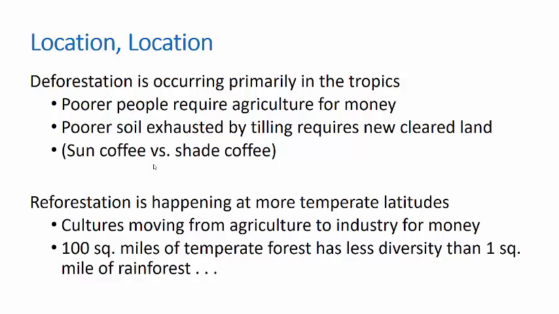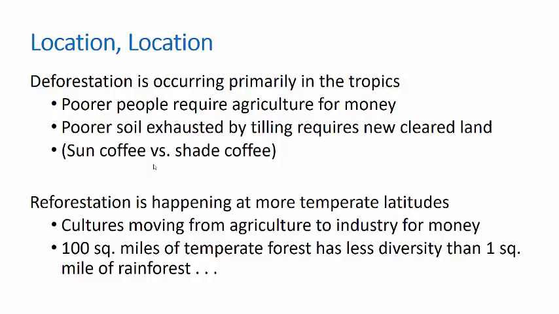This is not equal. Okay, you can reforest 100 square miles of temperate forest, and you have not protected as much diversity as you would find in just 1 square mile of rainforest. Or said the other way, you could cut down 100 square miles of temperate forests and do about as much damage as you do when you cut down 1 square mile of rainforest.